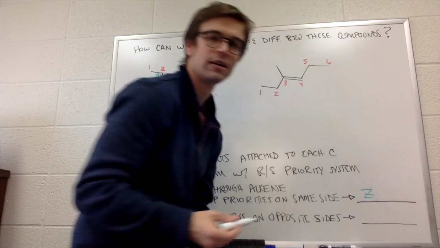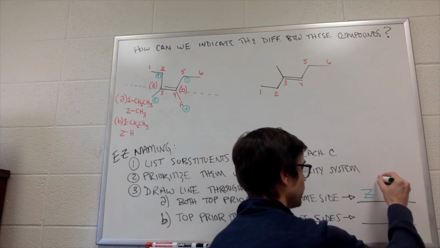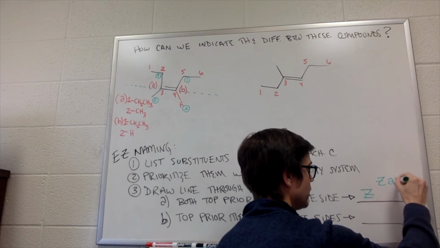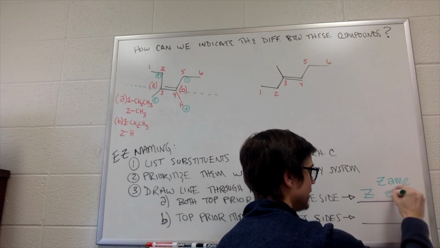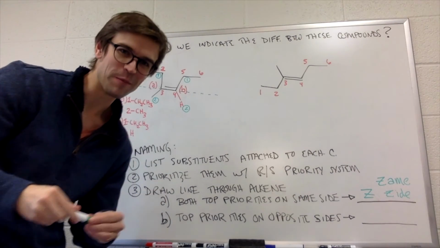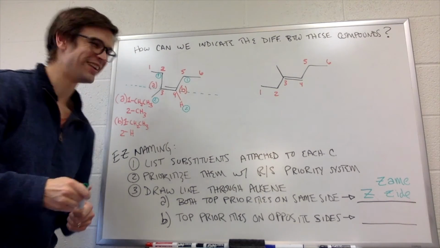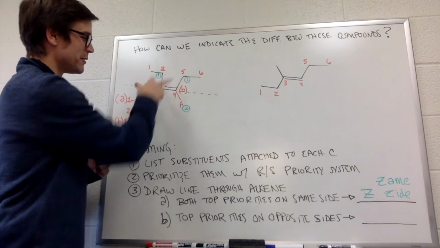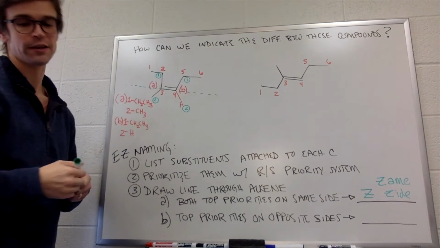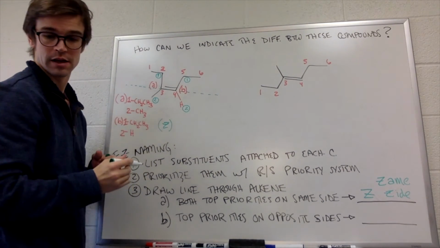I jokingly say that Z stands for those are on the same side. Get it? Same side, but with Z's. You love it. Same side gets Z. So this would technically be Z.